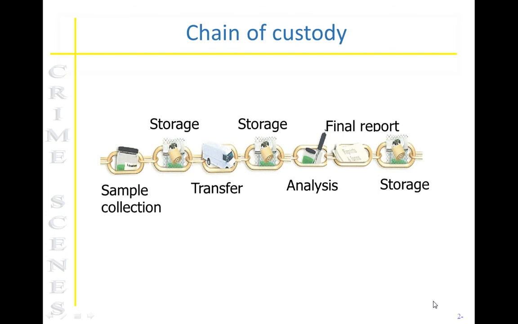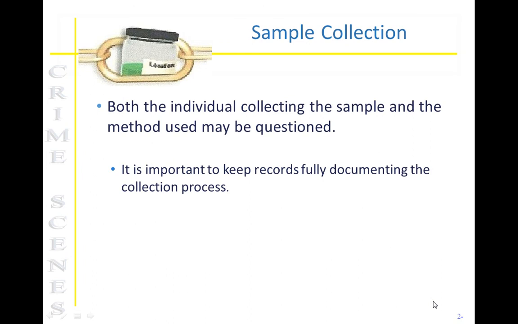Then it might be stored again until the analysis is done on the evidence. And then a final report is generated, and then usually the evidence might be stored until it's retrieved by that agency.